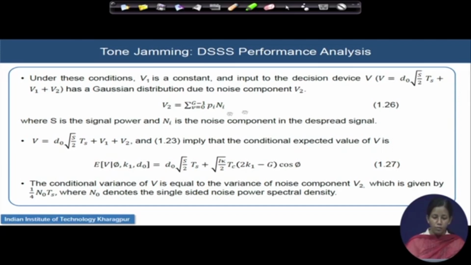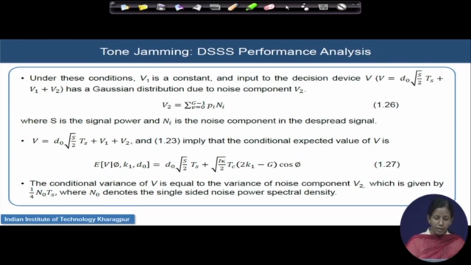And V2 will be expressed similarly to the way we expressed the jamming signal at the input of the decision device; following the same thing, it will be given by this. And this S, we have understood, is the signal power, this is the symbol duration, and Ni is the noise component in the received signal.